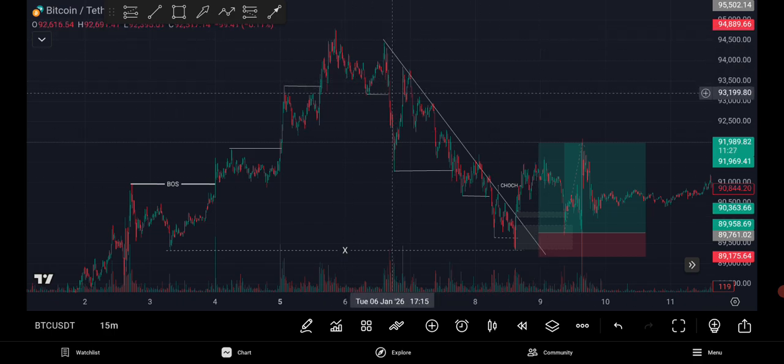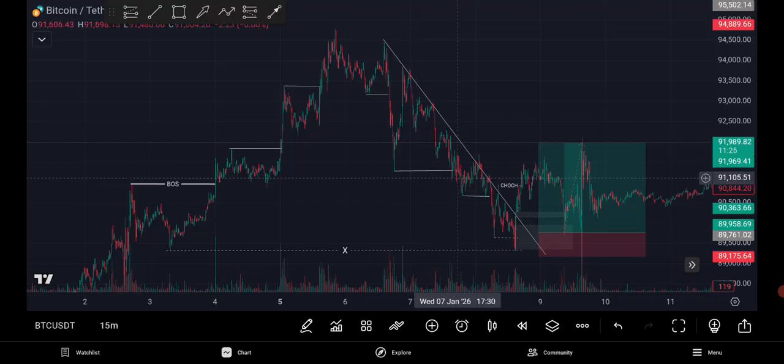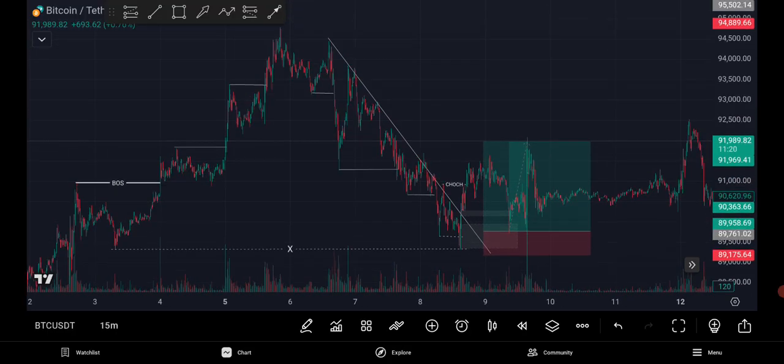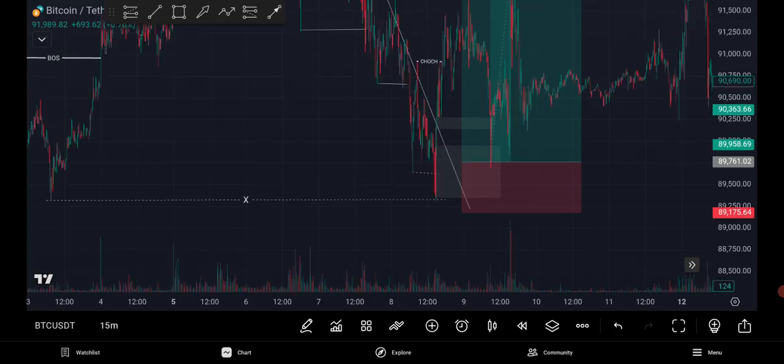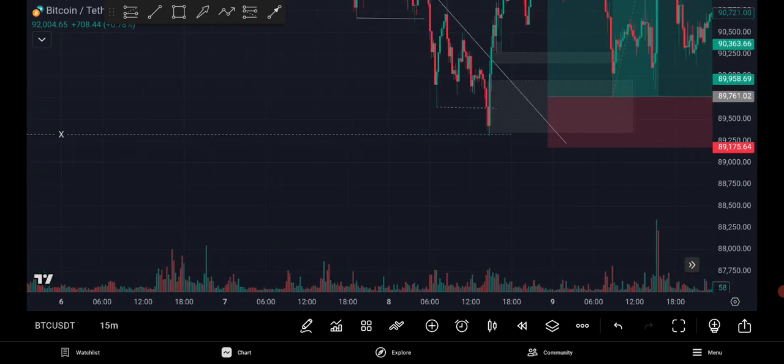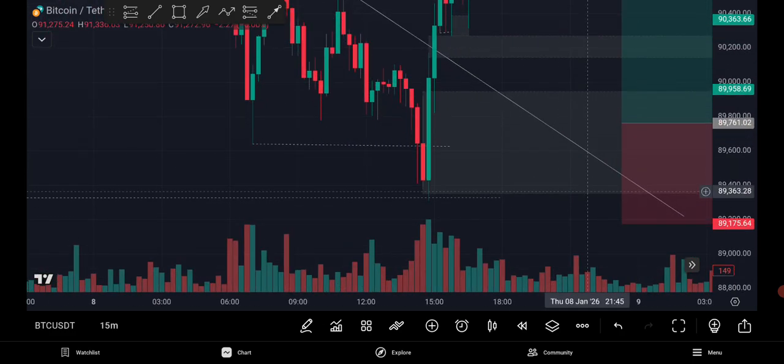There is a series of internal breaks of structure heading downwards, here, here, here, and then let me zoom in. Here is not a break of structure because there is no candle closure. We can consider this a liquidity sweep, internal liquidity, because the external liquidity has been swept here, as you can see.